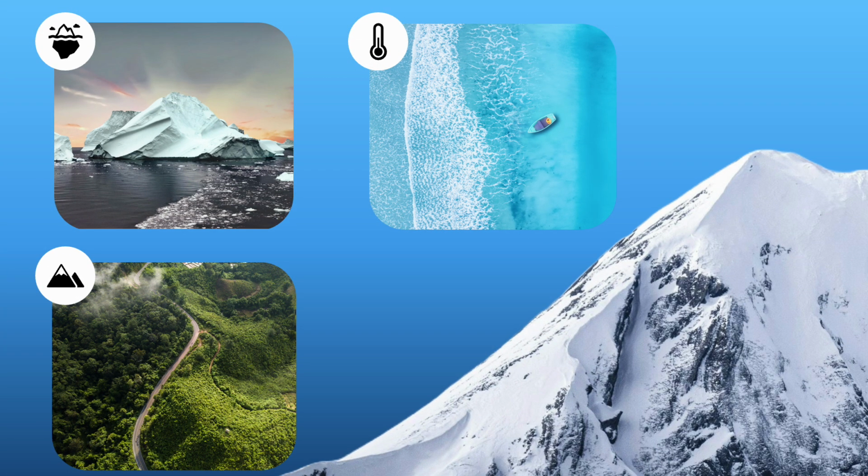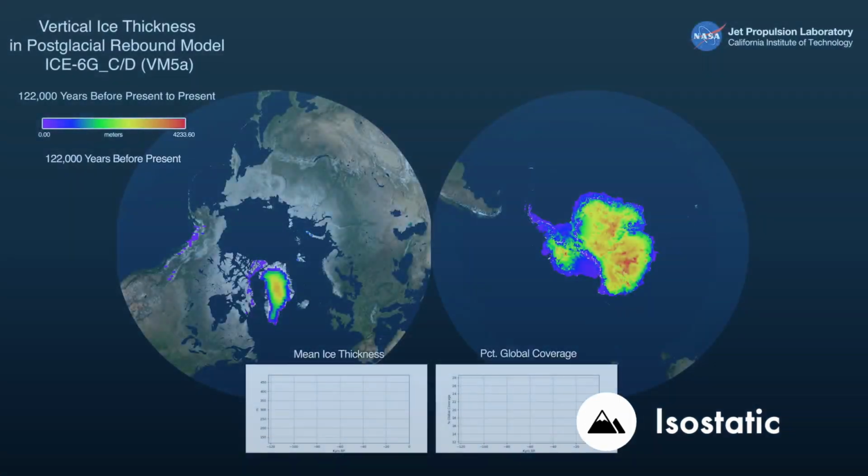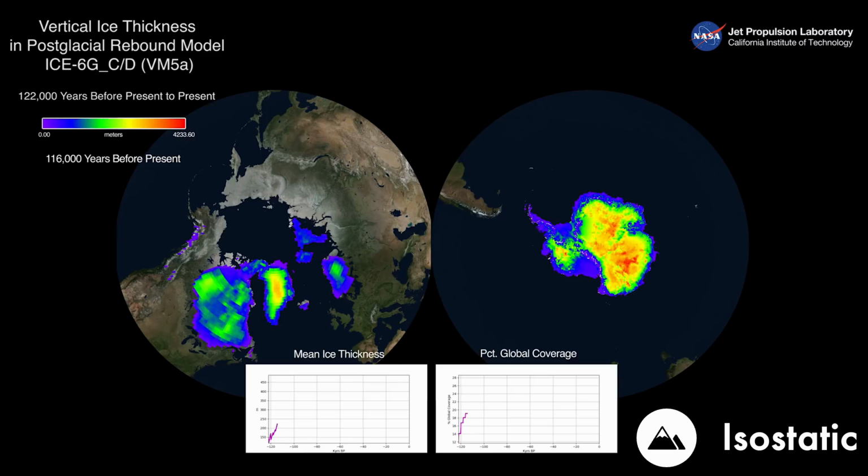Finally, let's talk about isostatic changes. These refer to changes in the land itself. During the last ice age, the immense weight of glaciers pushed down on the Earth's crust.